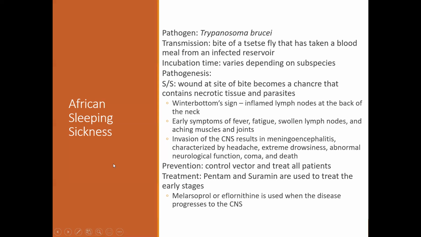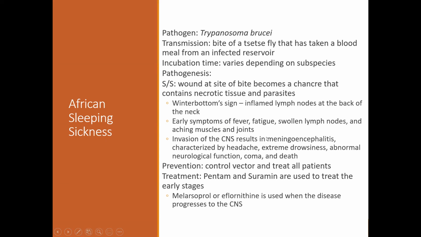African sleeping sickness, also called African trypanosomiasis or human African trypanosomiasis, is caused by Trypanosoma brucei, and the vector for this is the tsetse fly. The wound from the fly becomes necrotic, and then the individual will develop what's called Winterbottom sign, which is inflamed lymph nodes in the cervical region.